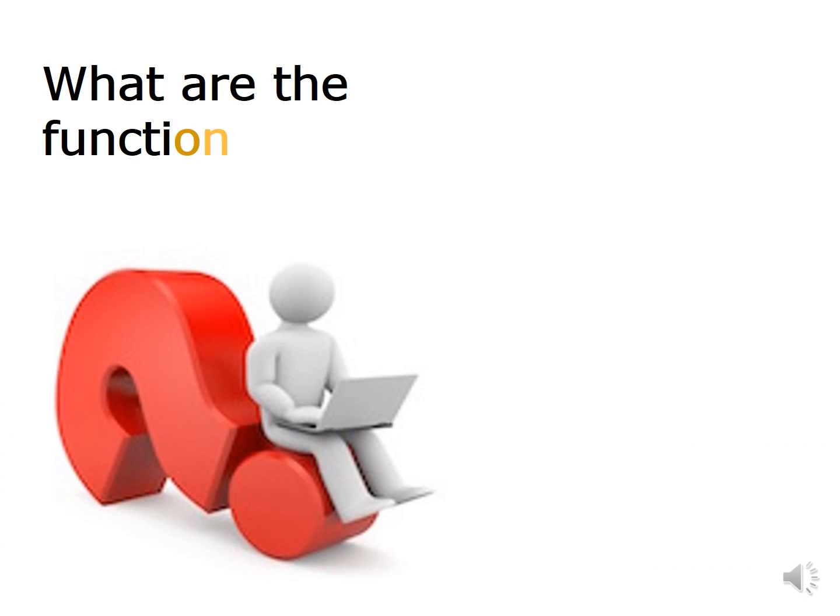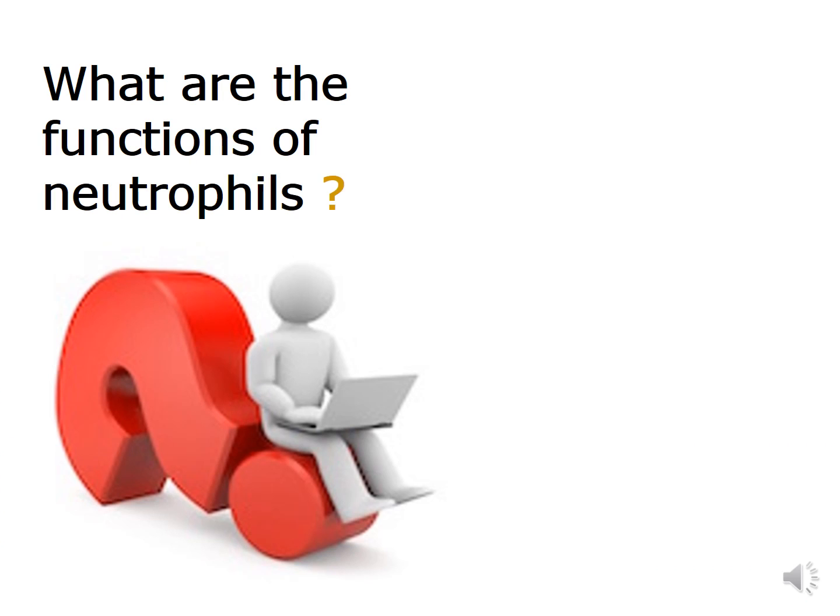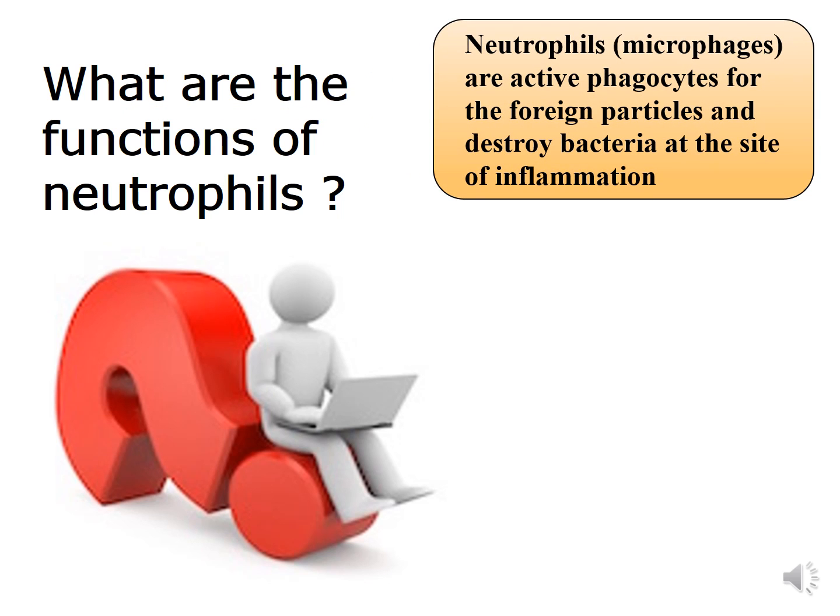What are the functions of neutrophils? Neutrophils are active phagocytes which can engulf any foreign particles and destroy any bacteria at the site of inflammation. إذا الوظيفة الرئيسية لها القابلية على ابتلاع أي foreign particle ممكن أن يدخل الجسم خلال العمليات الالتهابية.